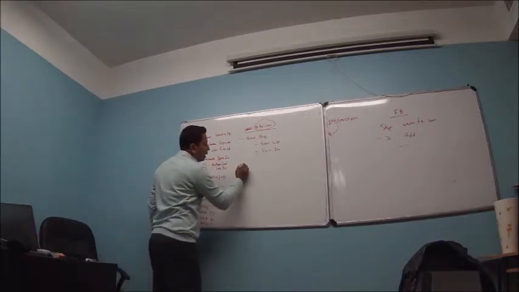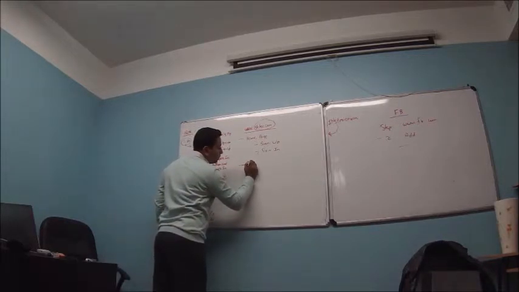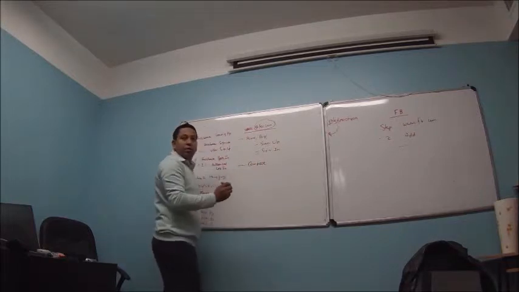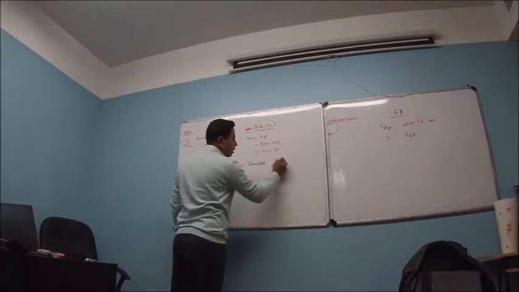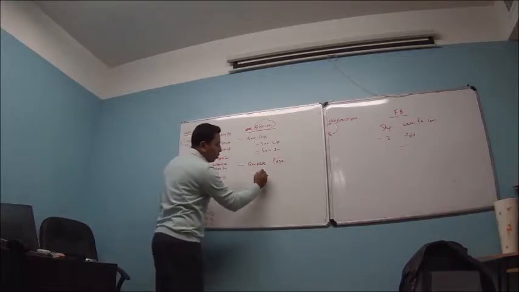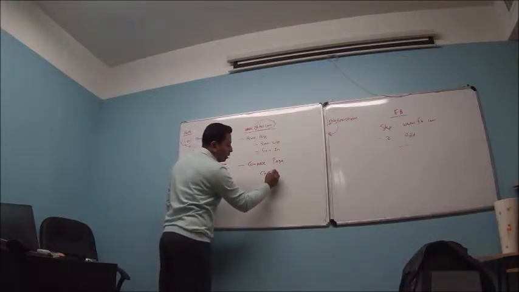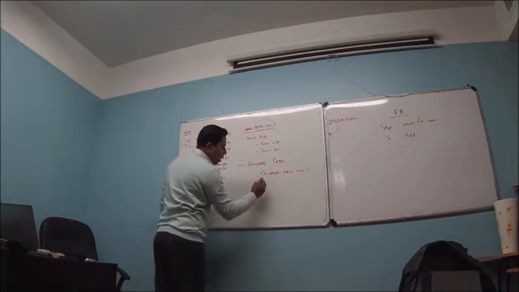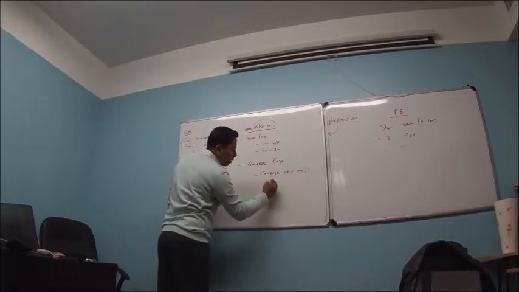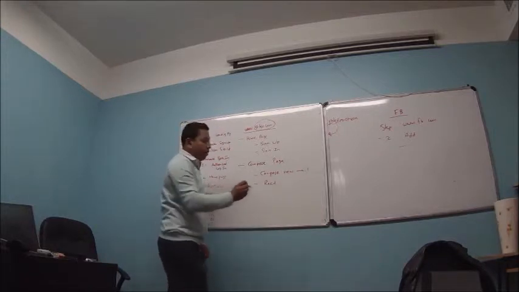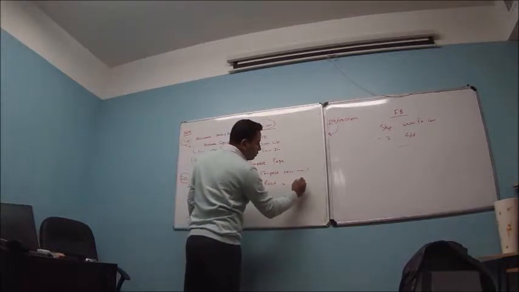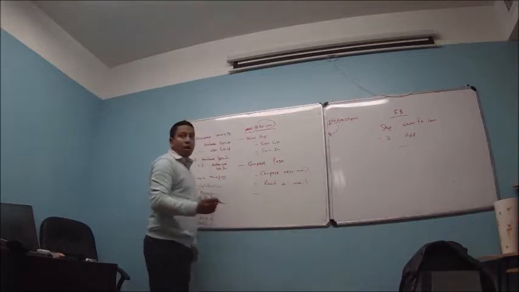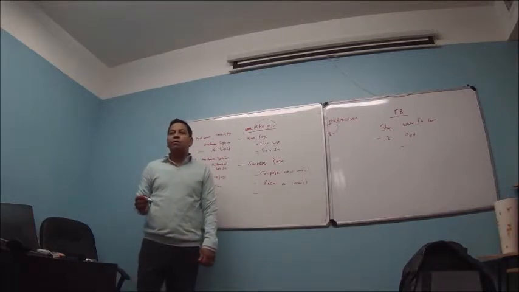So that one is like a compose page. That's where I can do what? I can compose a new mail. I can read a mail. What else can I do there? You can filter mails.